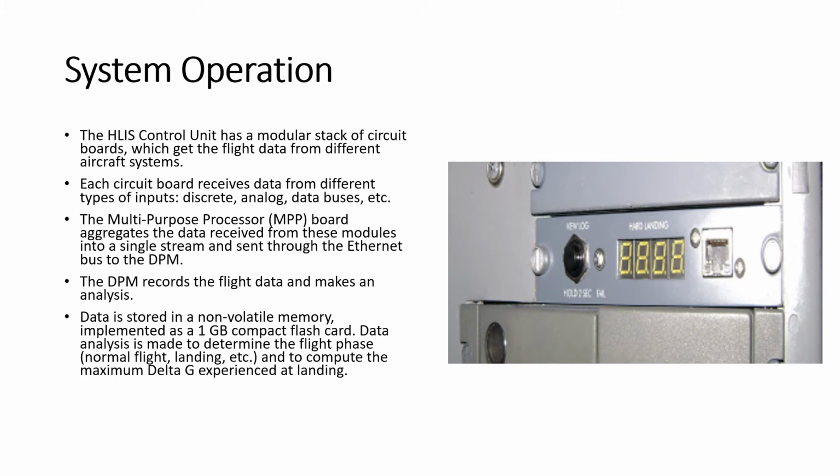The DPM then records that data and analyzes it and basically calculates if we've had a hard landing event. The data is stored in a non-volatile memory implemented as a 1 GB compact flash card, and data analysis is made to determine the phase of flight, i.e. normal landing, etc., and to compute the maximum delta G experienced at the landing.